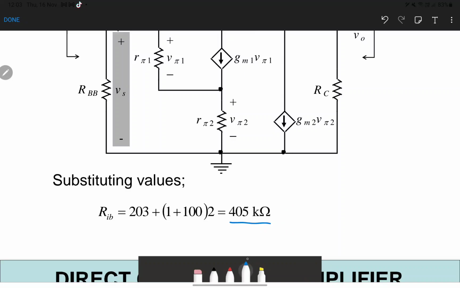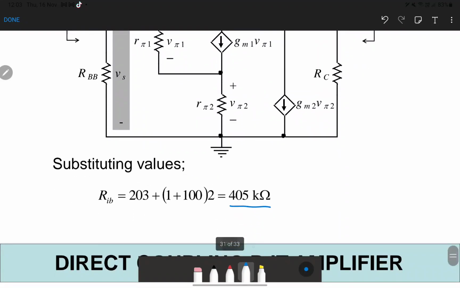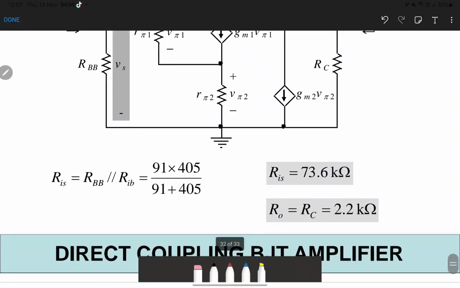Still not finished yet, because the total input impedance equals RBB parallel with RIB. So you replace RBB parallel with RIB, and you got the total input impedance or input resistance of 73.6 kilo ohms.